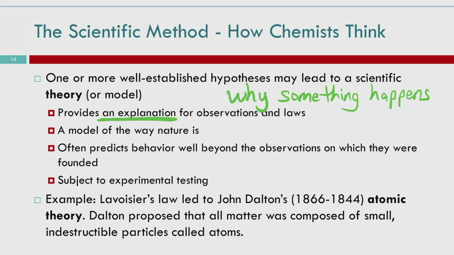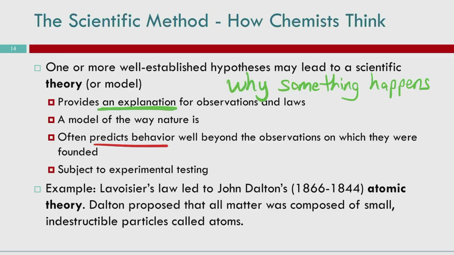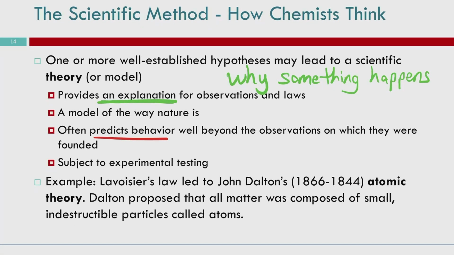So it's a law. A theory explains why it happens. And these can be used to predict behavior as well, but we can use them with extra conditions, extra circumstances. They get a little bit broader reach.